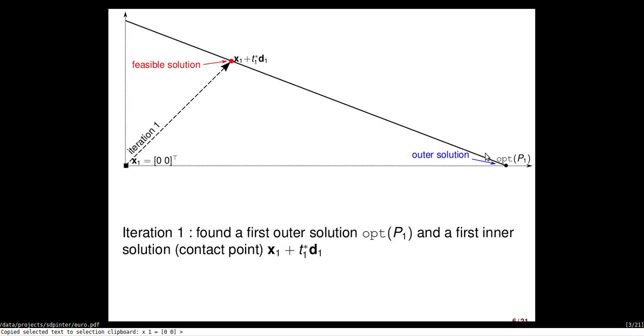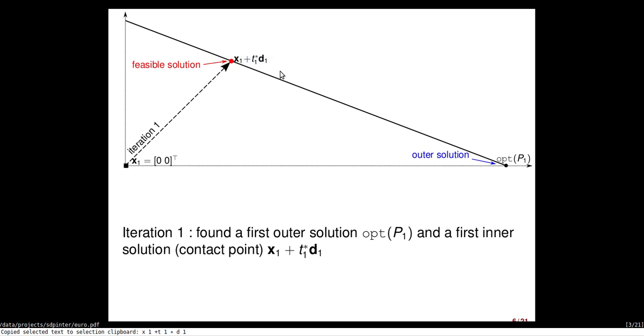Its optimal solution is opt P1 here, so this is an outer solution. If we maximize the value, it's bigger, so it is an upper bound. And this is a feasible solution on the other side, because this is where we hit the constraint. So this is a feasible point, a lower bound.